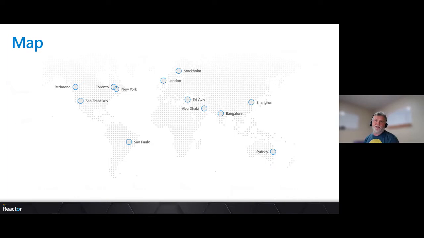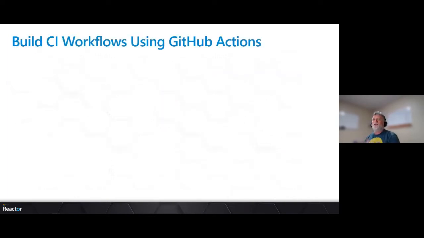our technology skills. So, build CI workflows using GitHub Actions, and CI stands for continuous integration. We're going to be leveraging GitHub Actions within a GitHub workflow, within a GitHub repository, to enable continuous integration.